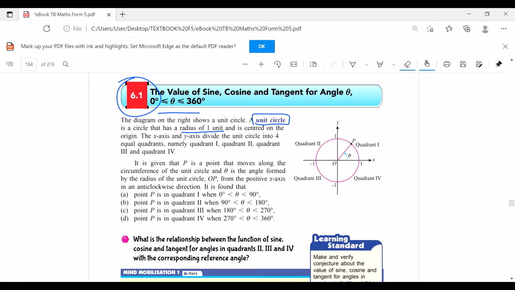This one is 0 to 90 degrees. The second quadrant is 180, here 180. This one is 90. And then the third quadrant is here, and the fourth quadrant is 360.